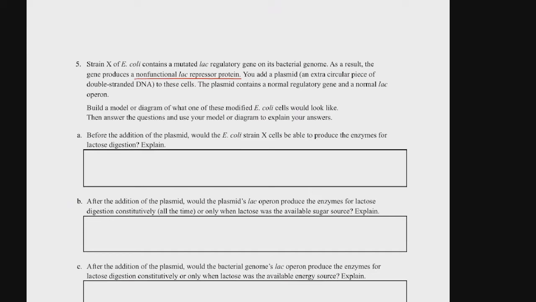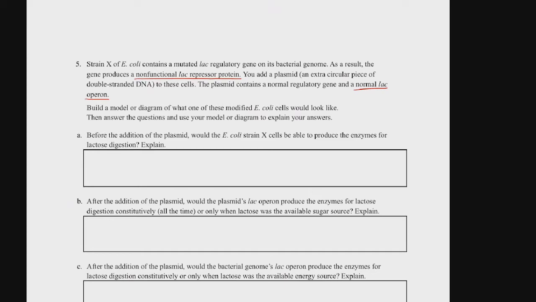You add a plasmid, an extrachromosomal piece of double-stranded DNA, to these cells. The plasmid contains a normal regulatory gene and a normal lac operon. Build a model or diagram of what one of these modified E. coli cells would look like. Then answer the question and use your model or diagram to explain your answers.